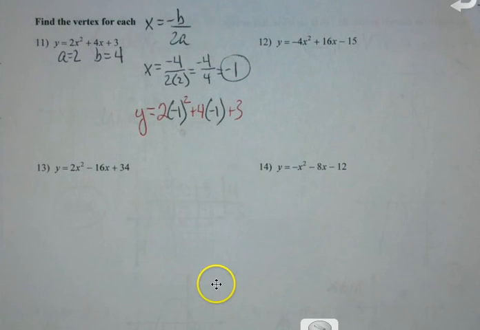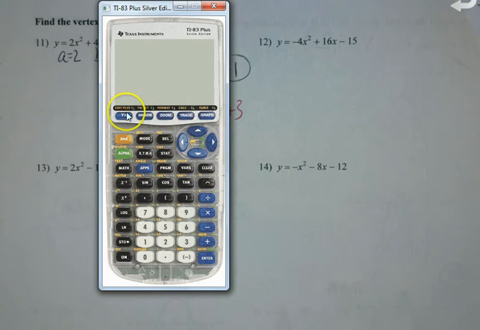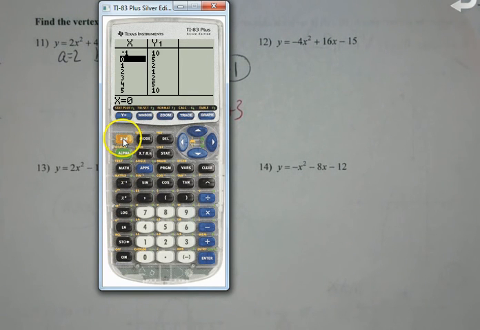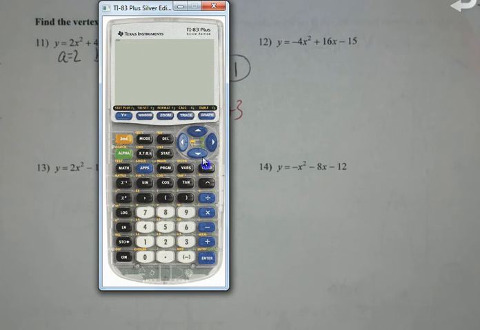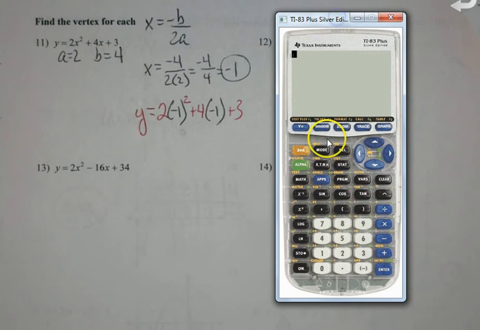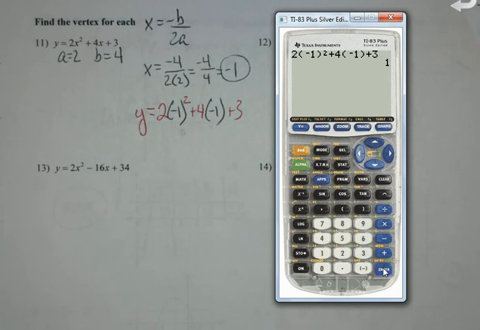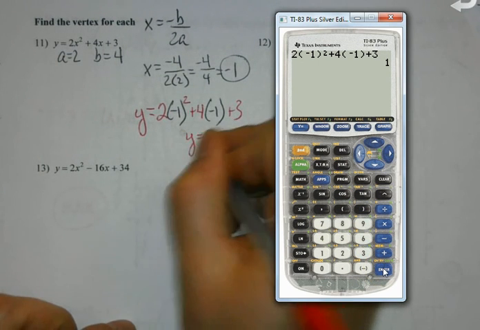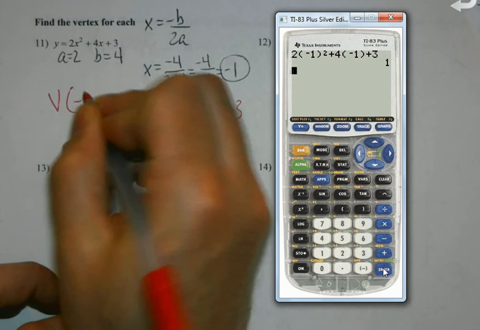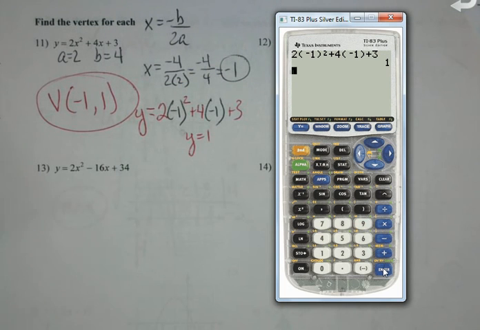You can. Sure. Well, yeah, you're still going to turn it in sometime, but you always can turn things in. So I'll just double check here quick. Yep, and that's going to be 1. So my vertex is at -1, 1. And that's how these would work down here.